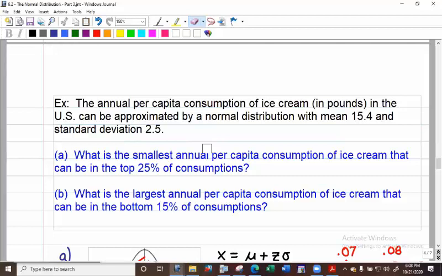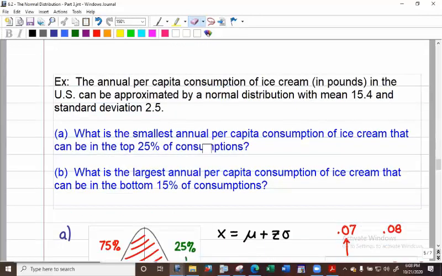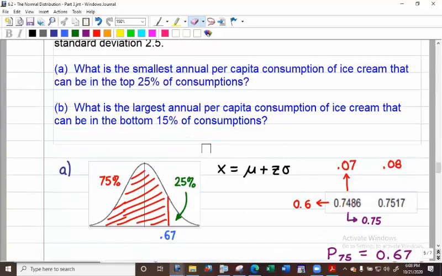Now, I think a little sketch will help us on this. We're trying to find right there on that vertical line where you've got the top 25, the minimum number that gets you in the top 25. Because what we're trying to do here is convert this into a percentile. So we can't just take that 25 and say that's the 25th percentile.